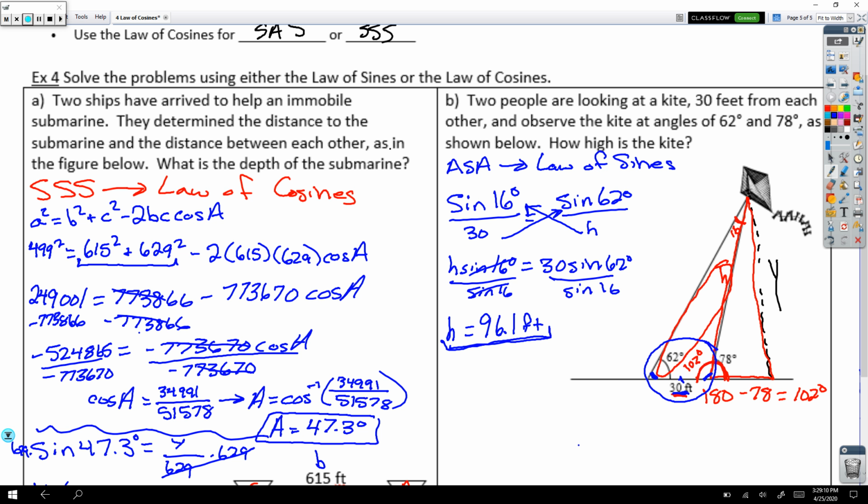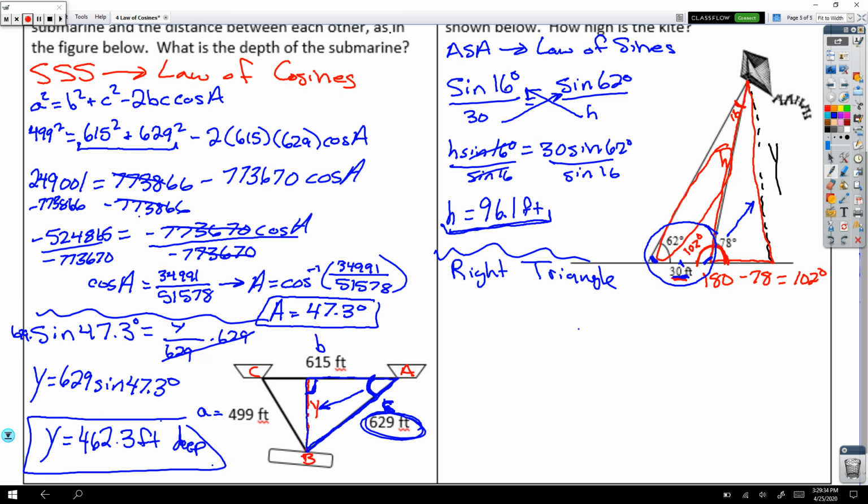Alright. Now, looking at the right triangle, I have 78 degrees here, and I want to find the y length there, the height. So I would have to make use of sine again. So again, we're going to make use of some right triangle trig. So the sine of 78 degrees equals y over the hypotenuse, which we just found was 96.1 feet.